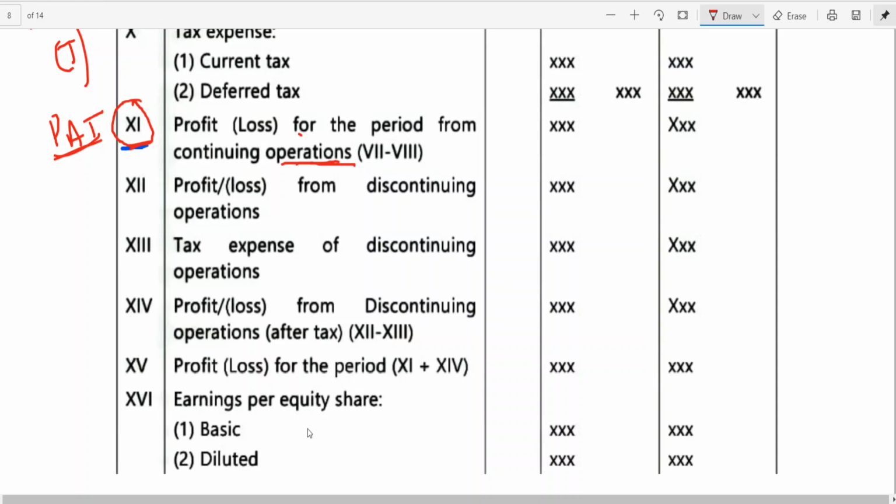Here you can see item 11: profit after tax from continuing operations. Item 14: profit or loss from discontinuing operations. Then profit or loss from continuing operation plus profit or loss from discontinuing operation gives you the total profit.